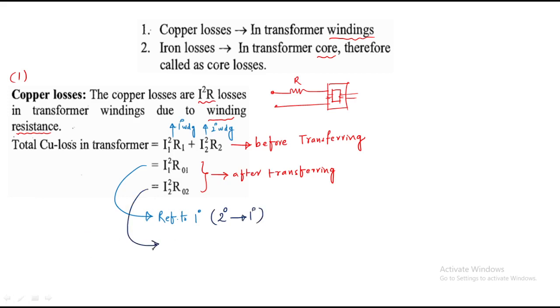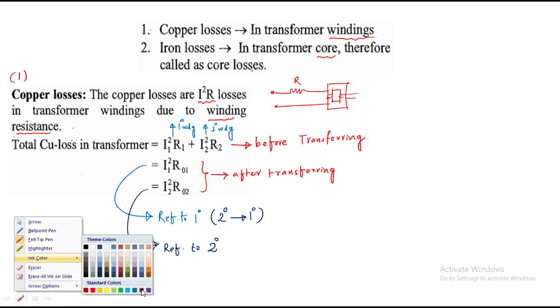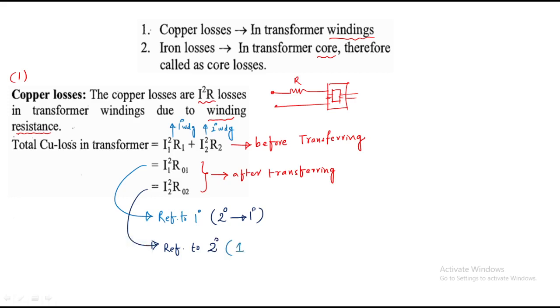Coming to this, referred to the secondary winding, what is the meaning? Transferring of a resistance from primary to secondary. So in any case, before transferring and after transferring, is there any change in the copper loss? There is no change in copper loss. The copper loss before transferring should be equal to the copper loss after transferring.